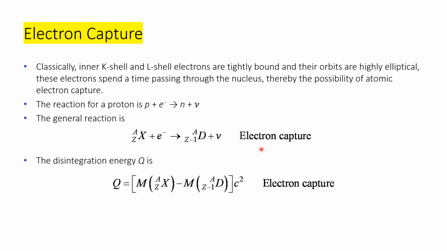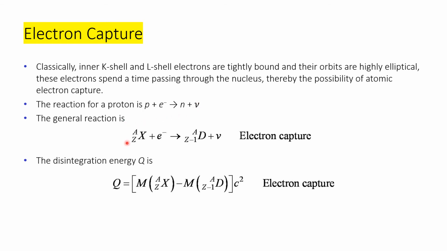A proton in the nucleus absorbs the electron, producing a neutron and a neutrino. The reaction for the proton in the electron capture is: you have your proton P plus your electron, which produces a neutron N plus your neutrino.